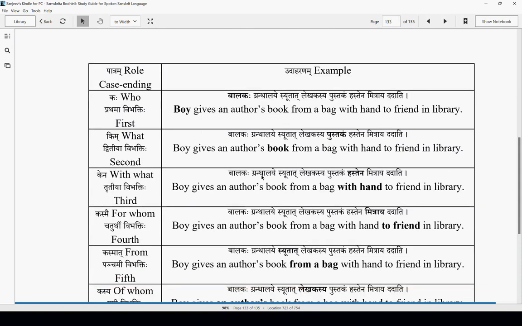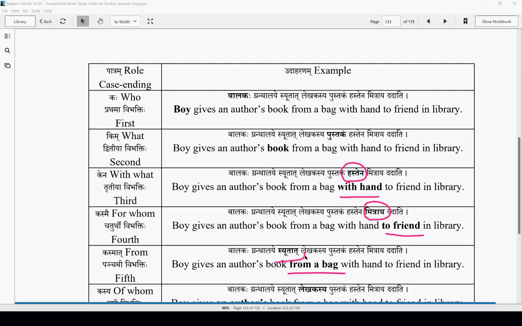Yeah. So the same example is given here with the English also. Now here I think you can understand. Boy gives an author's book, one bag, book. So with hand, you see this highlighted, bolded here, with hand. This is one part with the preposition, which is coming as one word here, Hastena. Similarly, to friend, coming as Mitraya.